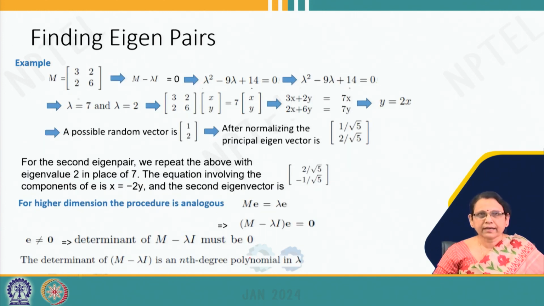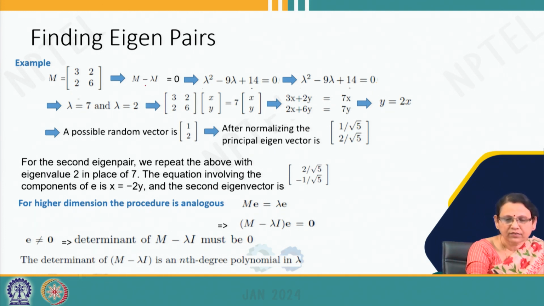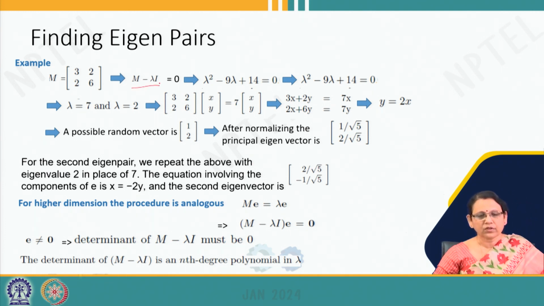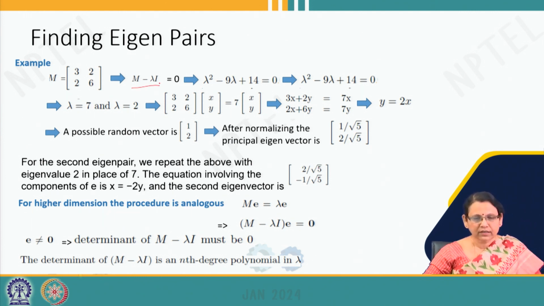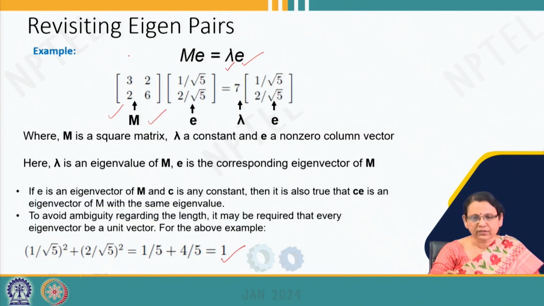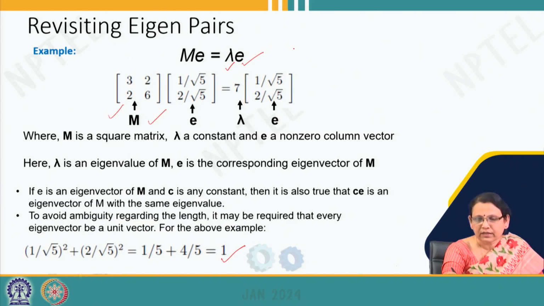Finding these eigenvectors is fairly easy. If you remember, you have to construct something called the characteristic equation. How do you get this characteristic equation? If we go back to the previous slide, this is basically (M minus lambda I) E equal to 0.